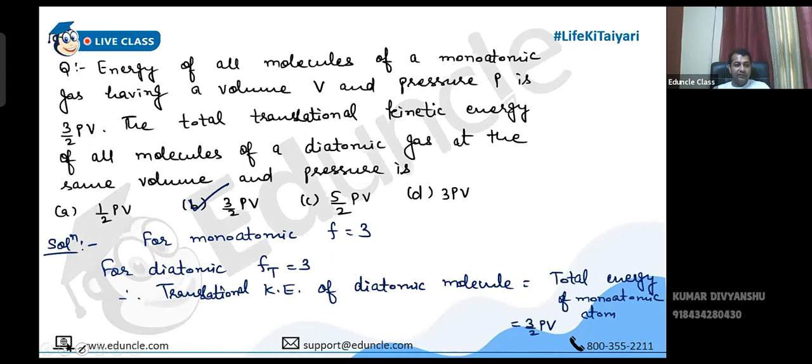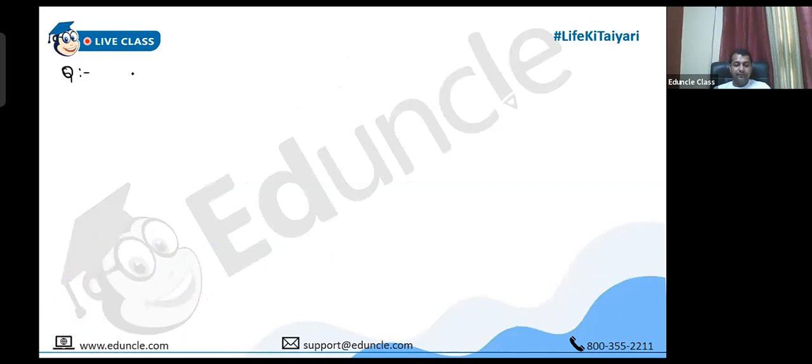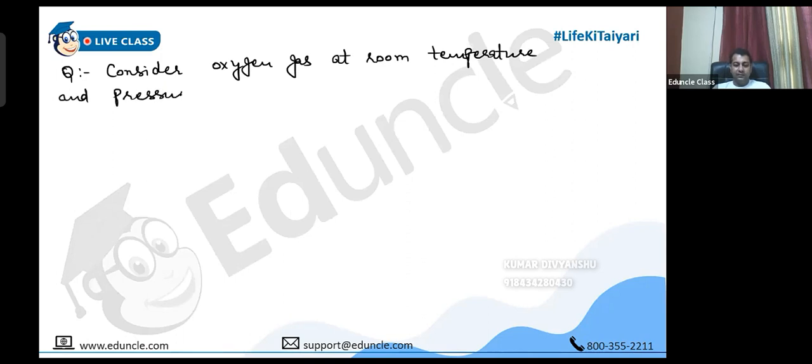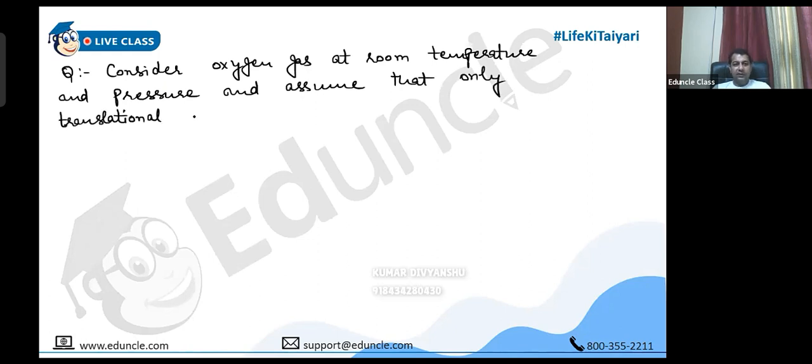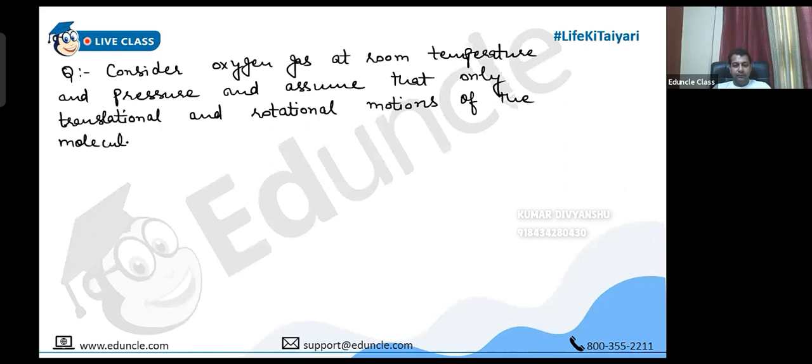Now another one. Consider oxygen gas at room temperature and pressure, and assume that only translational and rotational motions contribute to the specific heat.